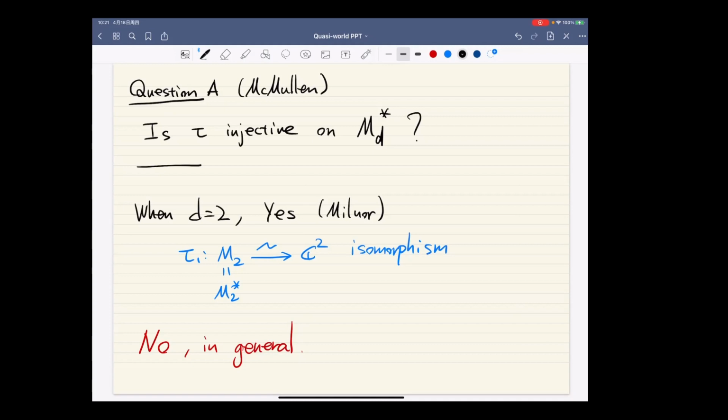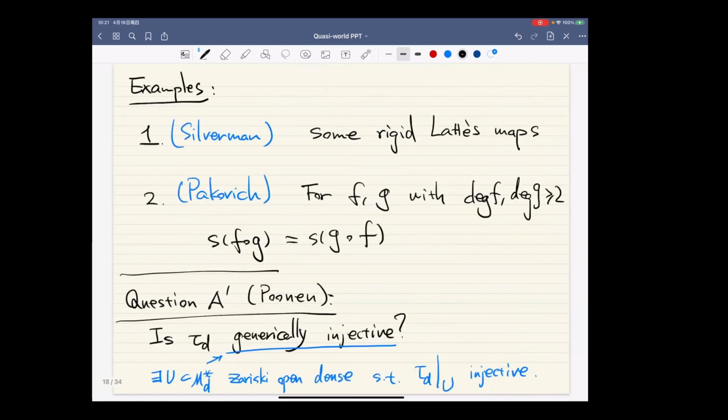However, the answer to question A is no in general. As we know, there are two types of examples. The first kind of example was given by Silverman.